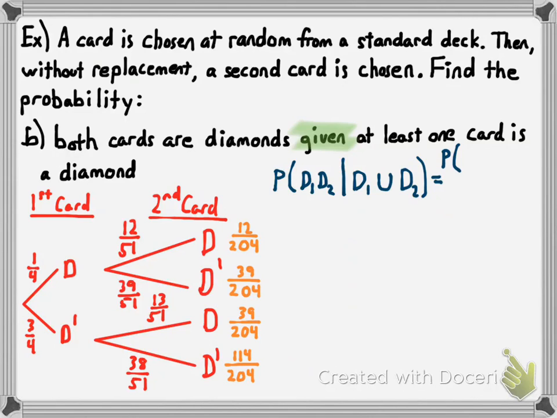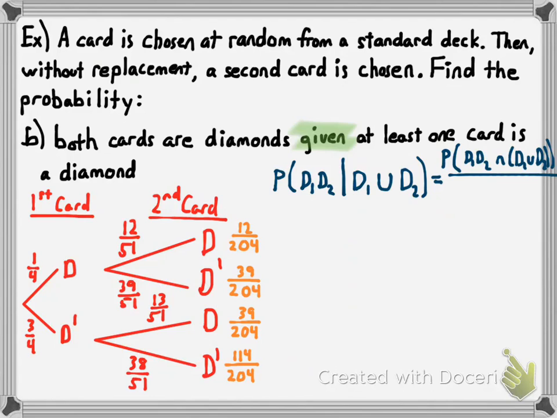And so the way that we're going to calculate that probability is this. Remember, for conditional probabilities you want to find the probability of both events occurring, both the one that you're looking for and the one that you know will occur. So we want to find the probability that we get a diamond the first time, a diamond the second time, and we either get a diamond the first time or the second time. That looks complicated, it won't be so bad.